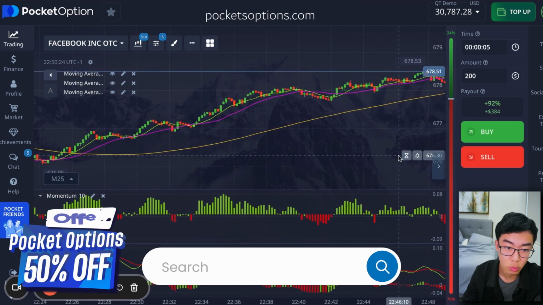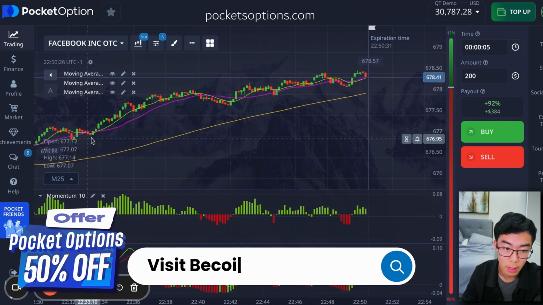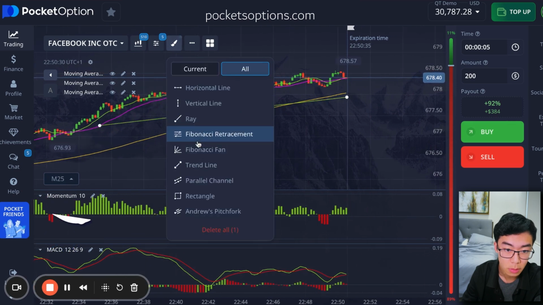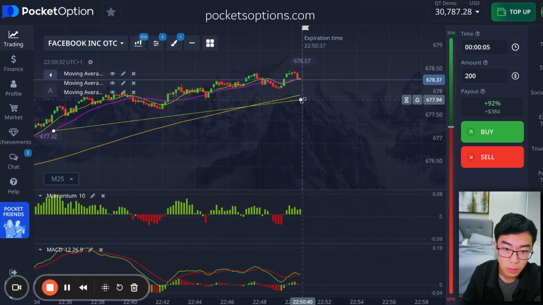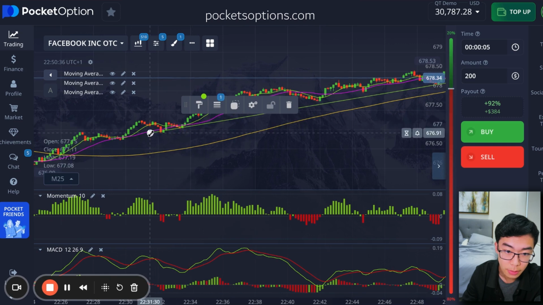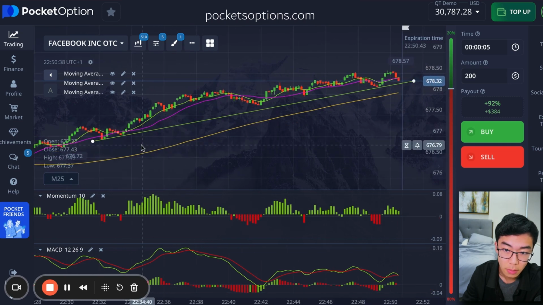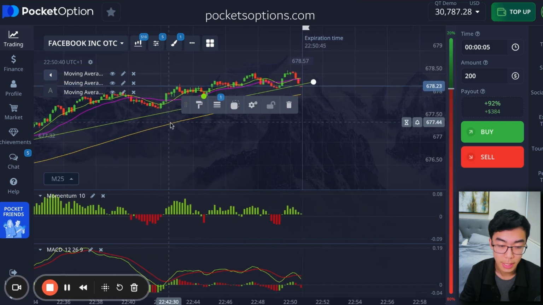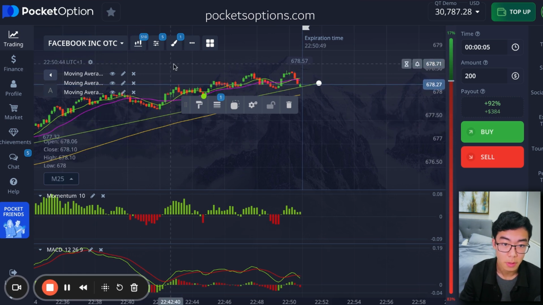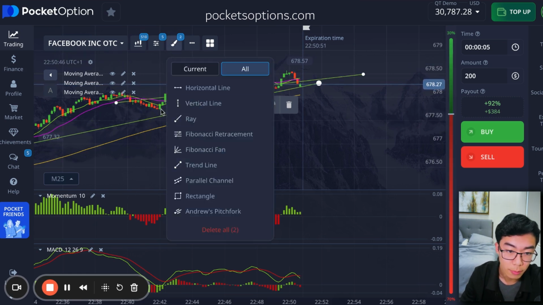Right here, there's a really strong channel of upwards momentum, as you see right here. So the trend is going upwards quite substantially. And the channel is pretty much the same. So upper trend line right here.